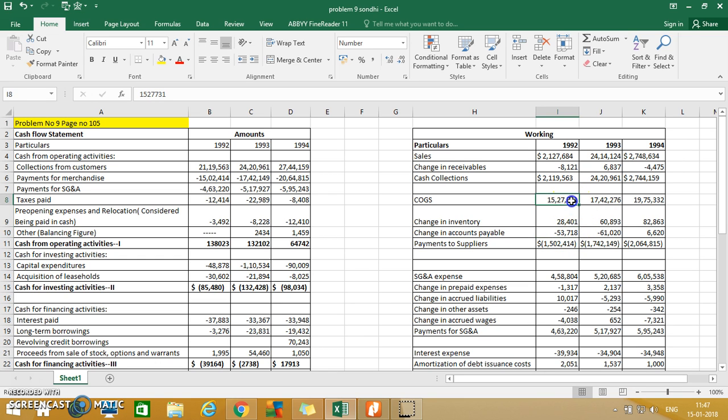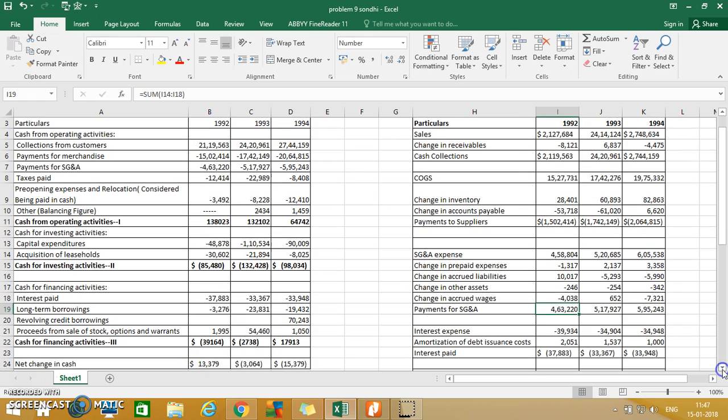So here I have made the adjustment to the cost of goods sold, and I get the amount that has been paid to the suppliers. The same is done in the case of sales, general and administrative expenses. Here you find the prepaid expenses, accrued liabilities, change in other assets, and accrued wages, and the payments for selling and general administration are also found out.